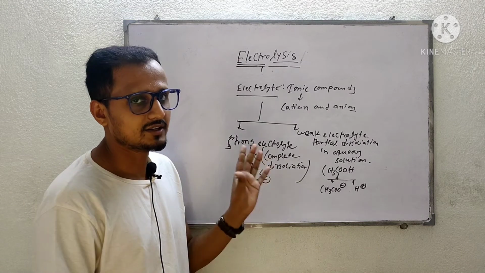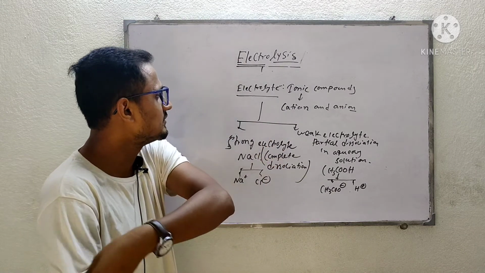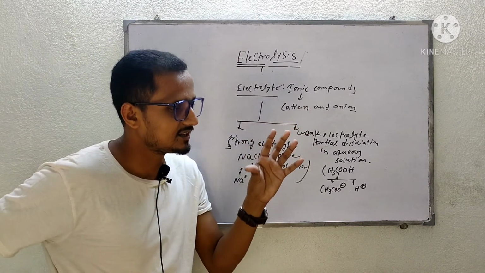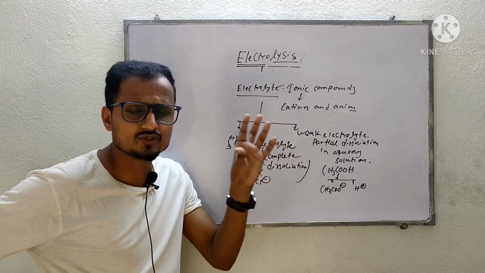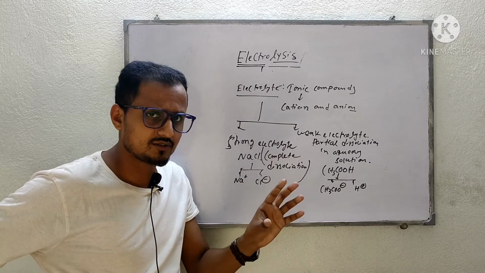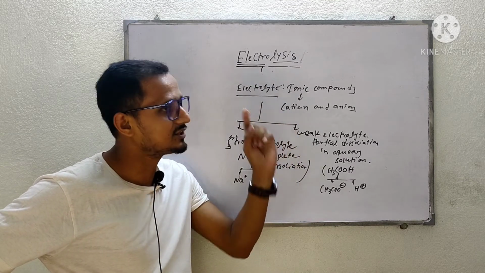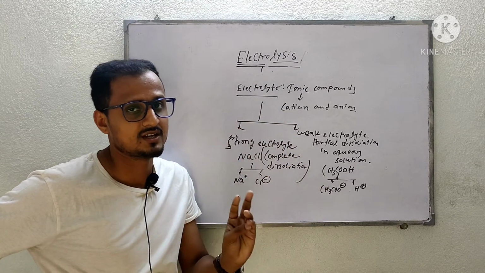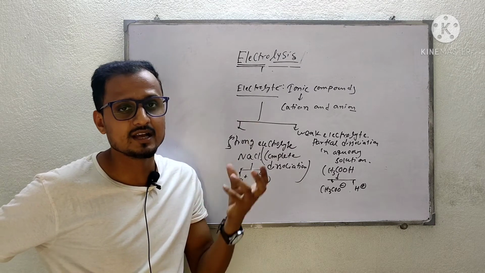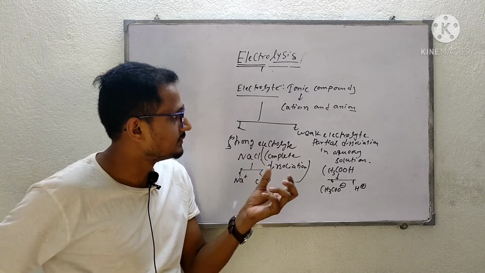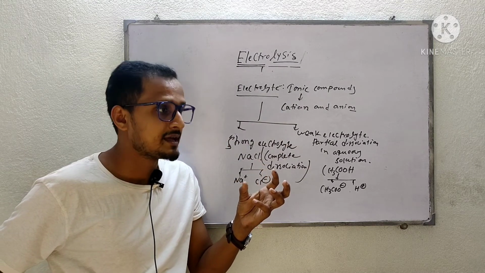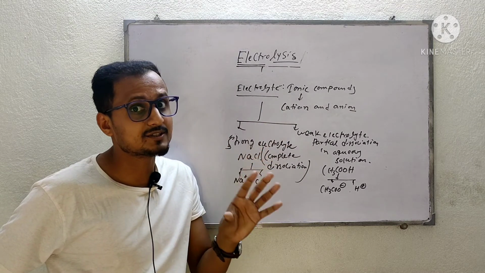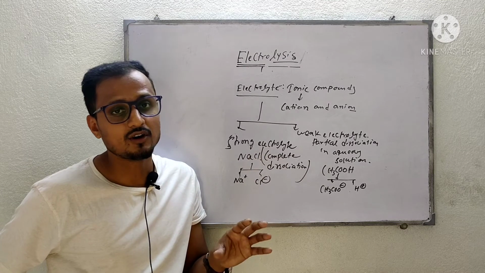I think you have understood what an electrolyte is. Now we have to make a cell after taking a strong or weak electrolyte, but it should be in molten state, fused state or aqueous state. Mostly we do the electrolysis in the aqueous state. The cell where this electrolysis process is done is called a voltmeter.